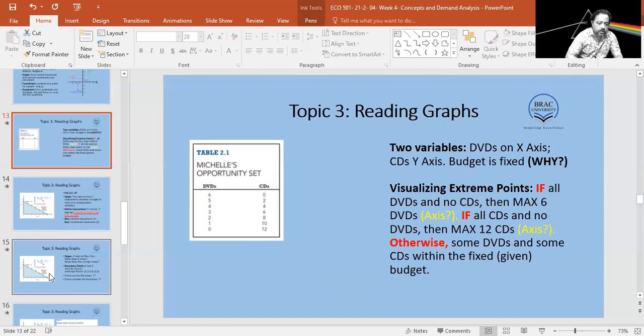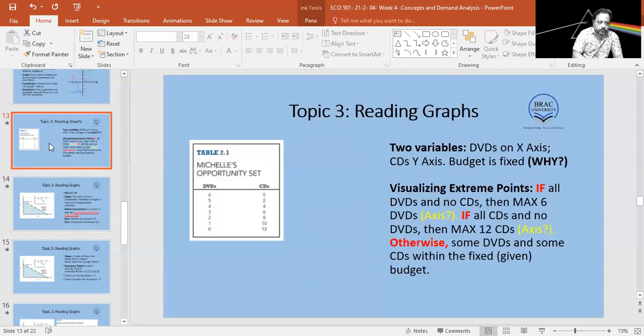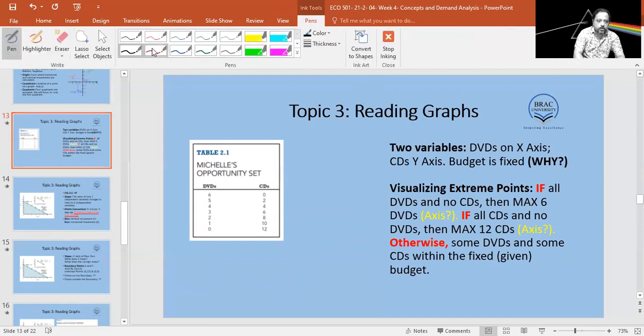Now let's see the next graph. We have DVDs on the x-axis, CDs on the y-axis. This is the x-axis, this is the y-axis.